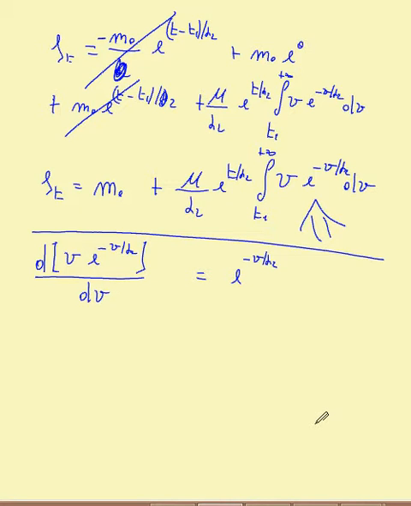The derivative of v with respect to v is 1, which multiplies the second, e to the power of minus v over alpha 2, plus v, which multiplies the derivative of the second function. What is this derivative? We know e to the power of minus v over alpha 2, which multiplies minus 1 over alpha 2, which is the derivative of the exponent with respect to v.